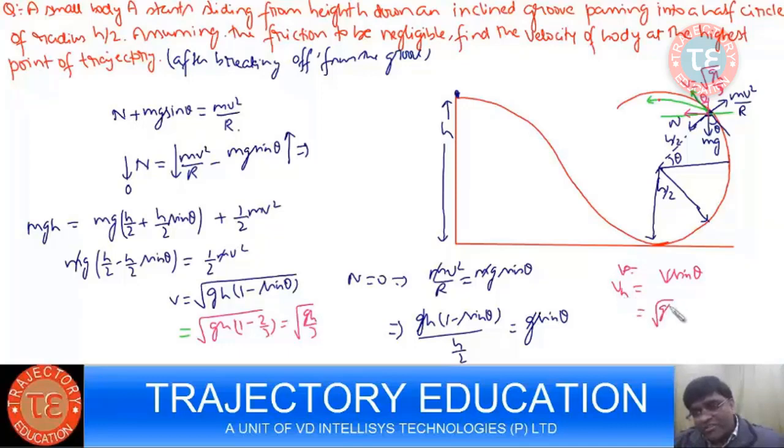So this is root of gh by 3 into 1 by 3. That is the horizontal component, 1 by 3 root of gh by 3. At the highest point of the trajectory, the particle is going to have only this velocity, 1 by 3 under root gh by 3.